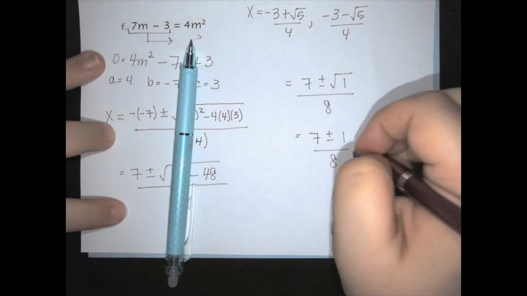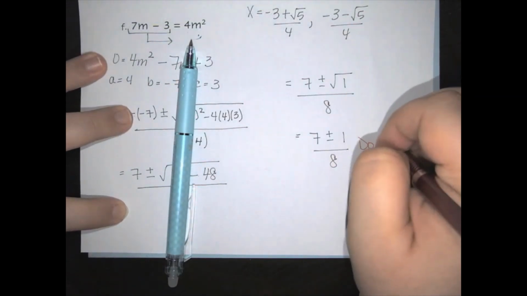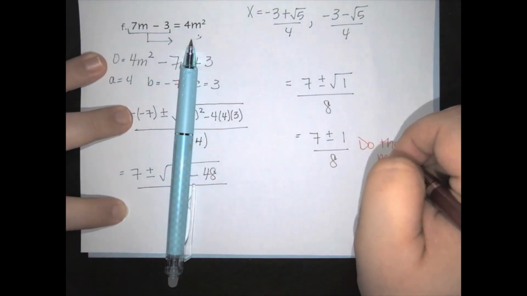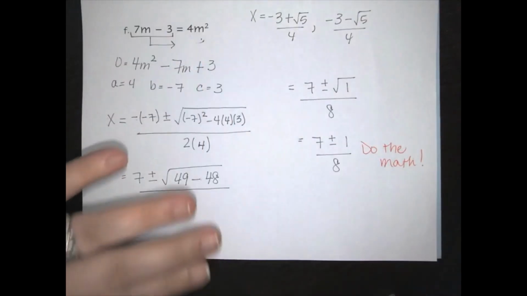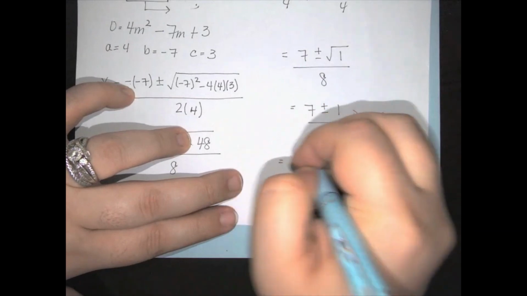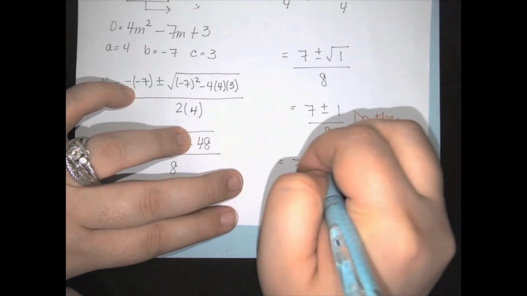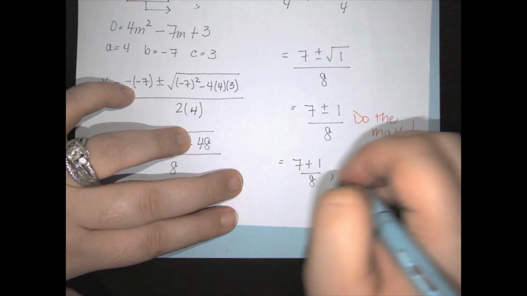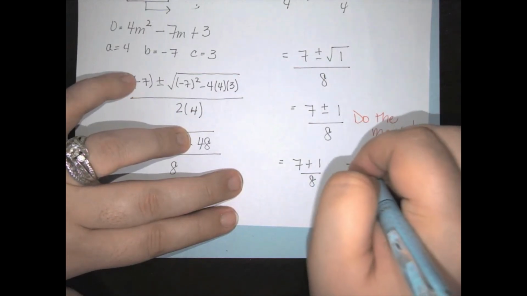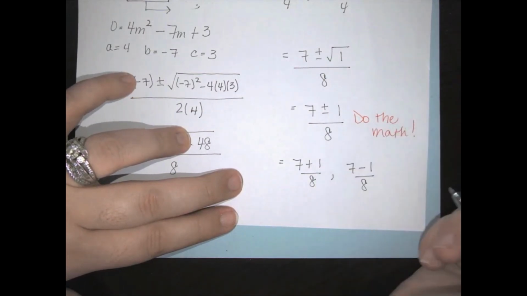And this is where we need to make sure that we actually do the math. So we don't have any radicals, so here we actually can finish out the math. So we are going to have 7 plus 1 over 8, and we are going to have 7 minus 1 over 8.